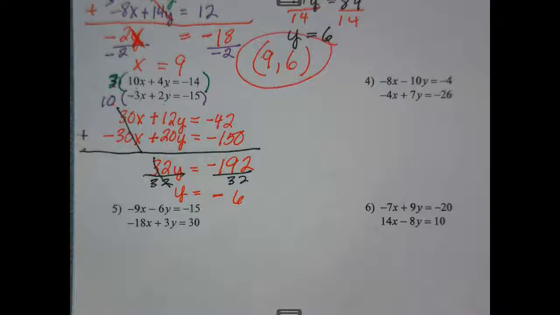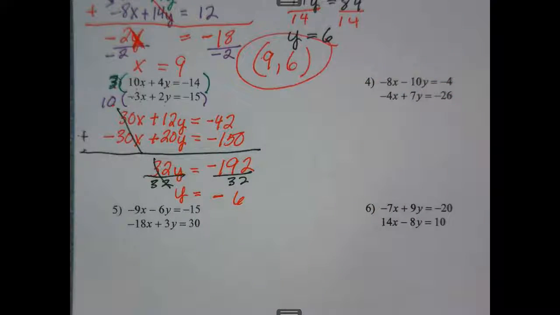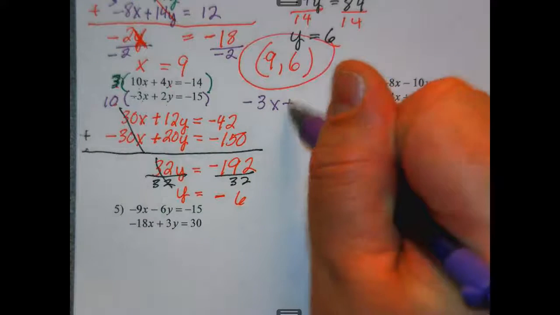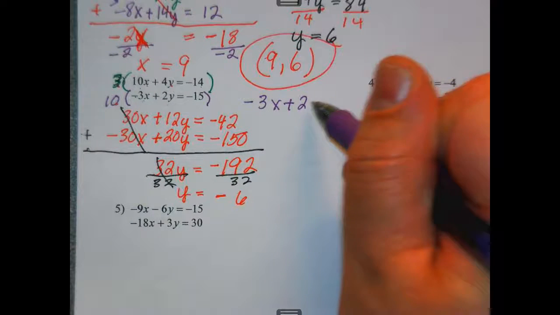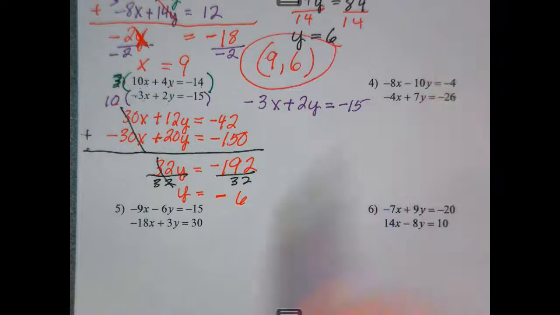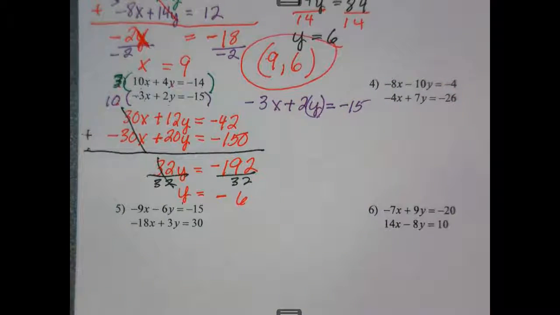Okay, go back to your original equation and pick one. I'm going to pick the bottom. -3x plus 2y equals -15. Let's see, I solved for y this time. I'm going to need parentheses on the y.